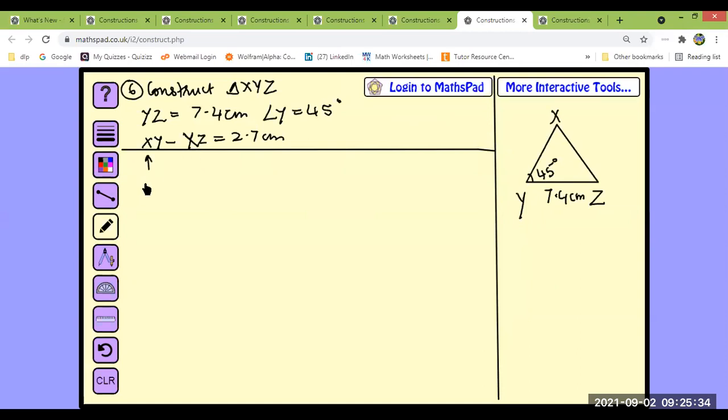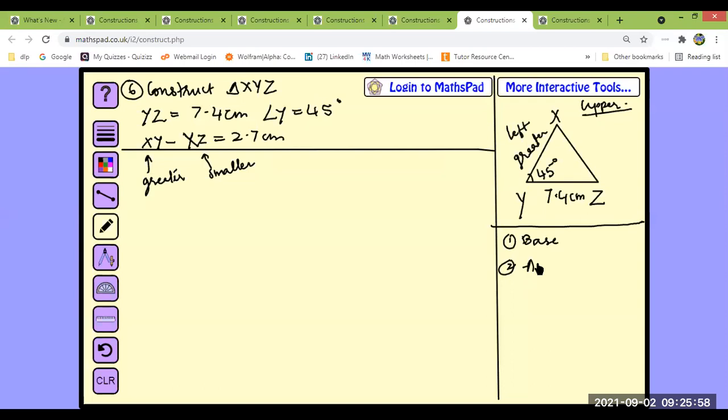Okay, now we know XY will be greater and YZ will be smaller, right? So check XY. This side is given to be greater. When the left side is greater, the construction is going to be on the upper side. Okay, so let's do the construction. What are the steps? Step 1, draw the base.